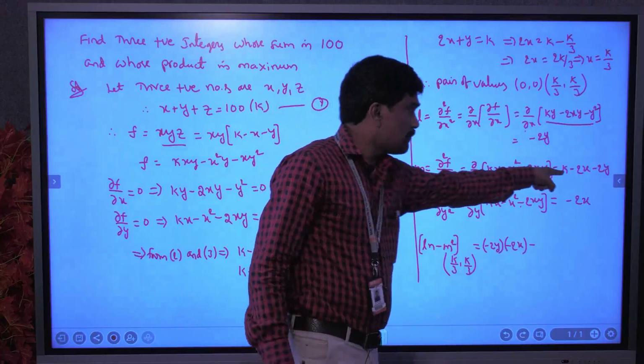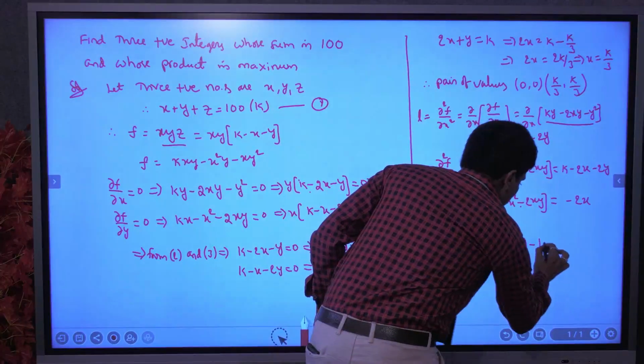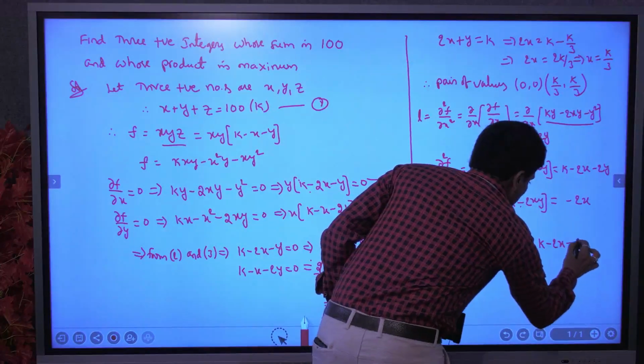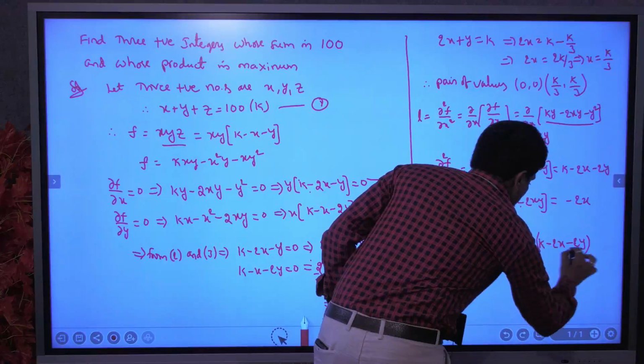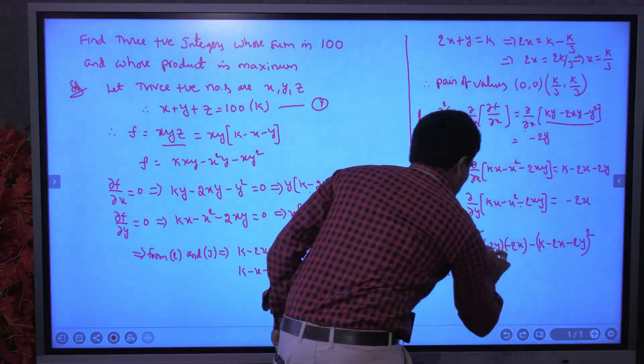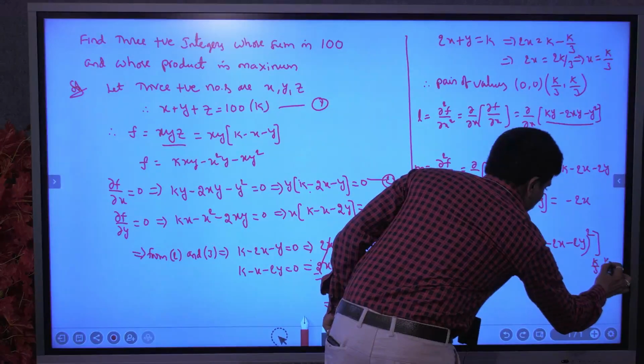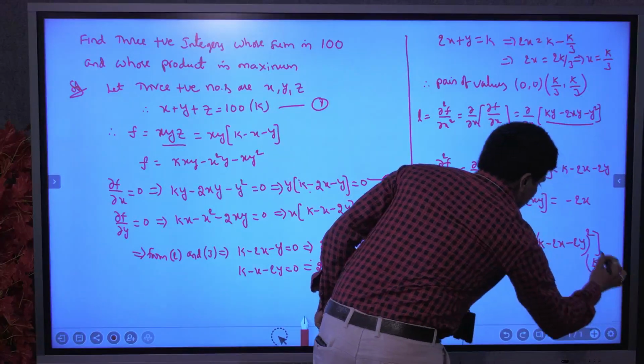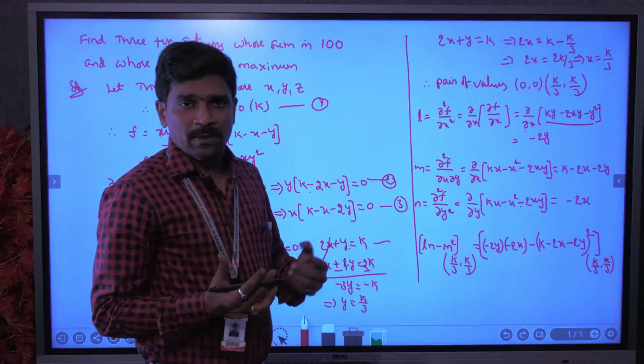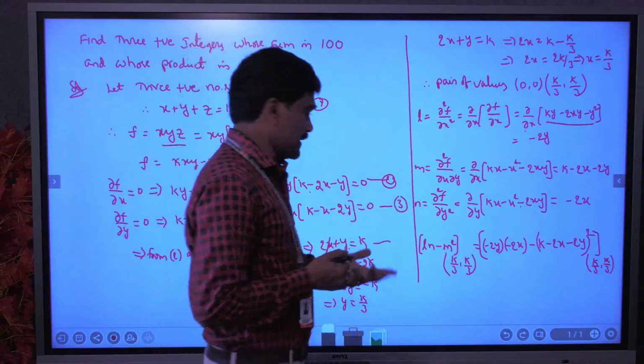What is m? Here m is k − 2x − 2y. So that is m squared, at the point (k/3, k/3). That means replace x and y with k/3, k/3.